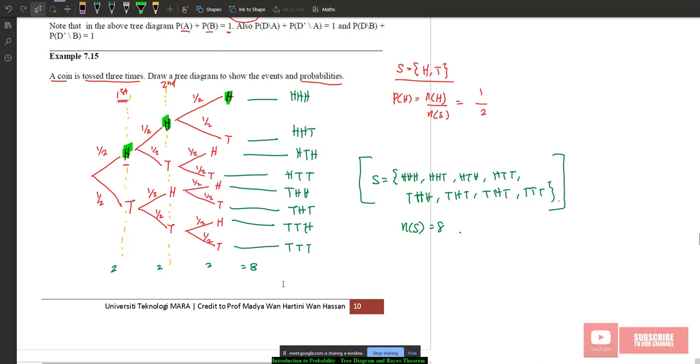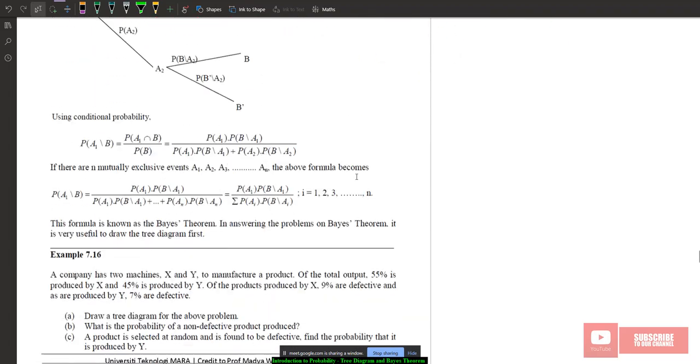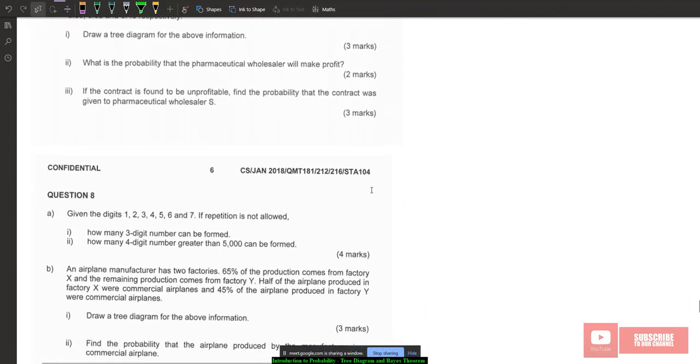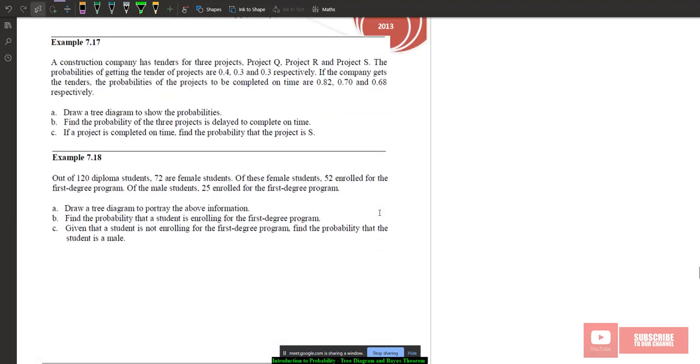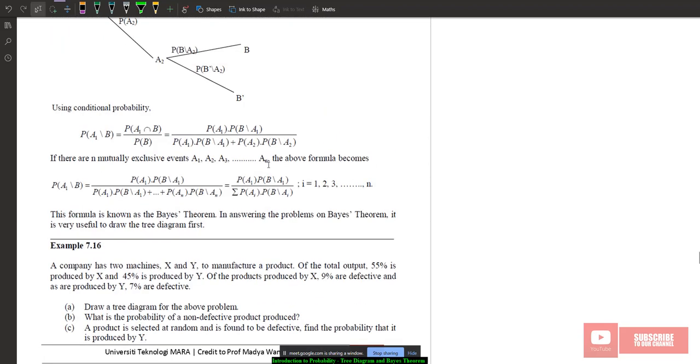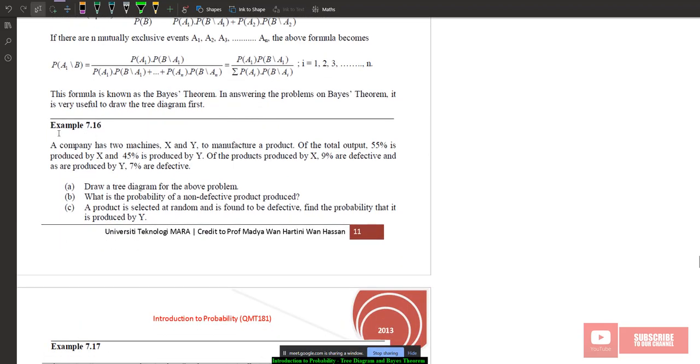So before we go to Bayes theorem, let's look at one example from a final exam question. So let's say we look at example number 7.16. In example number 7.16, a company has 2 machines, X and Y, to manufacture a product.